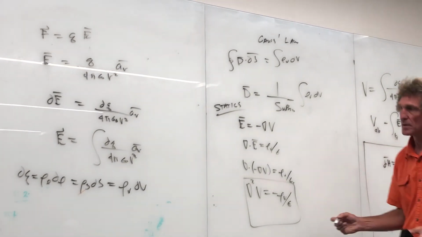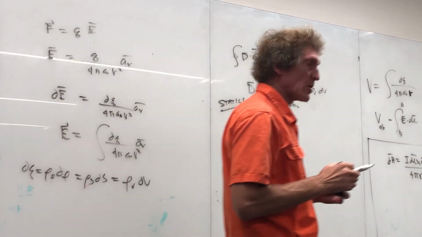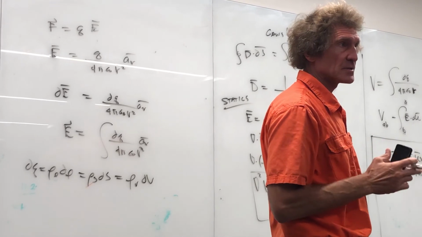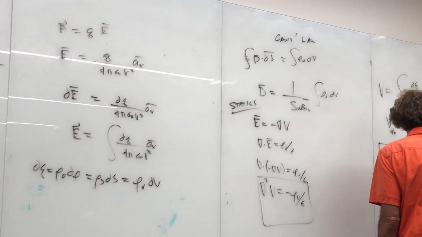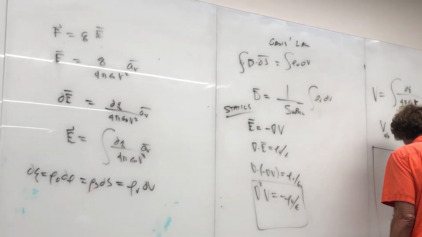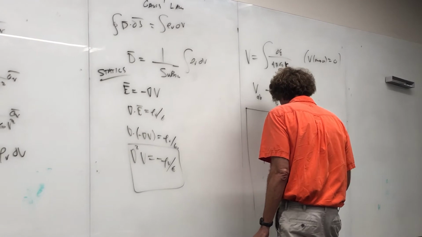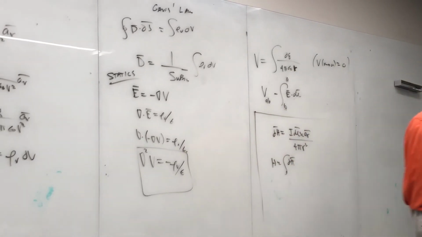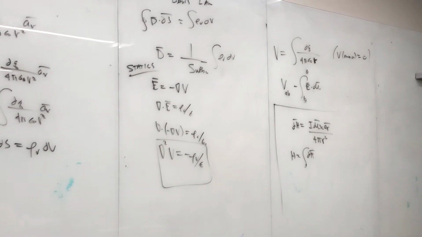It's similar to the differential E field, except there's a cross product. And the dl has to do with the direction of the current element that's causing that. The total H field, of course, is simply the integral of dH over the total current that's causing the H field.